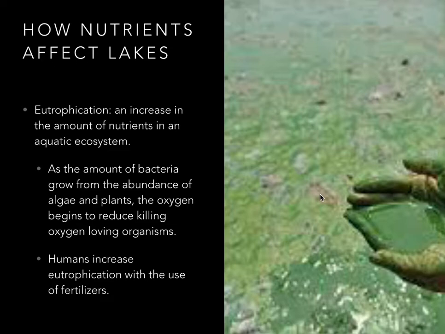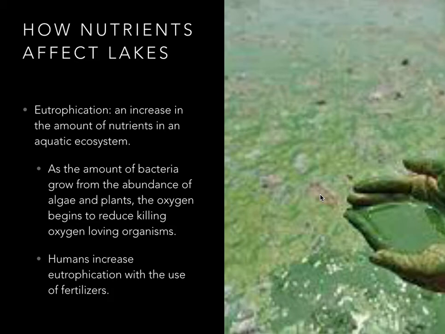So eutrophication happens naturally in these ecosystems, but humans definitely make it worse. We use a lot of fertilizers on our crops, on our lawns, and what happens to this fertilizer? When it rains, where does the water go? It's going to go to these ponds and lakes and rivers. And so then we have an abundance of nutrients from these fertilizers, and we have more algae growth from these nutrients.